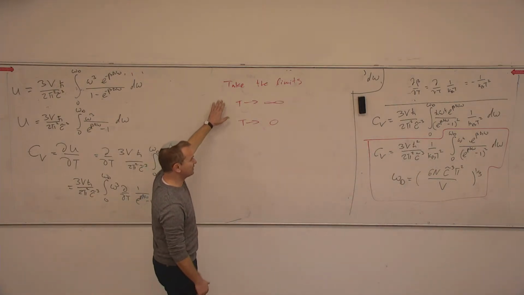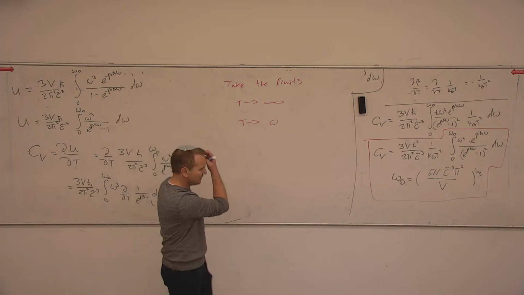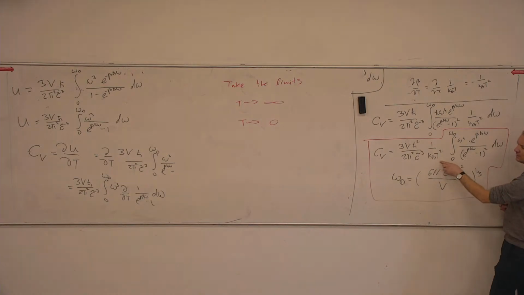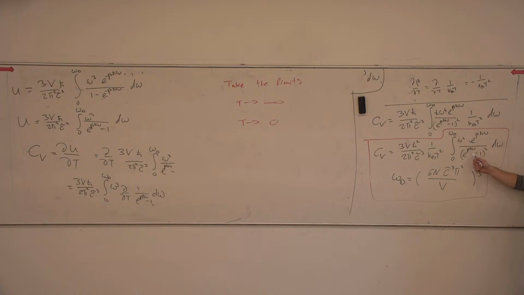In order to do that, you see where temperature enters. There is a prefactor that depends on the temperature, but that's rather simple, so I don't really need to do anything with whatever stands over here. But inside my integral, the temperature enters the exponents.